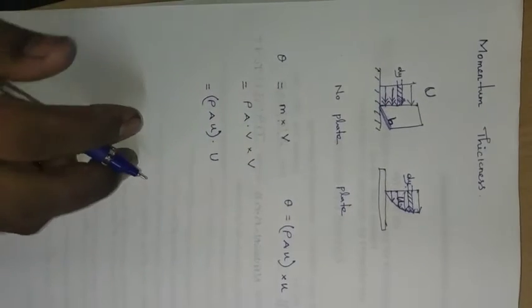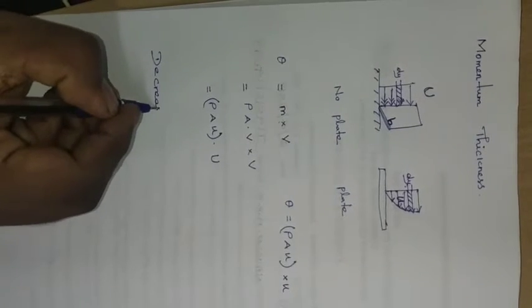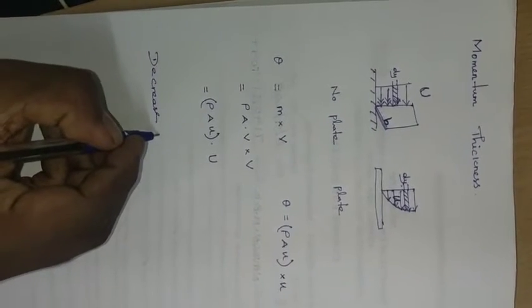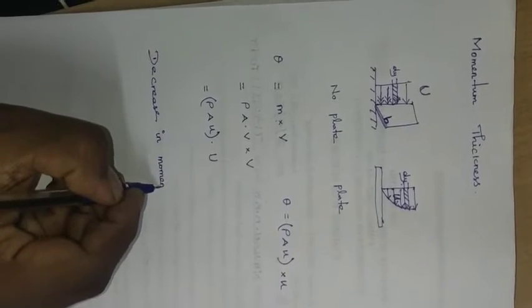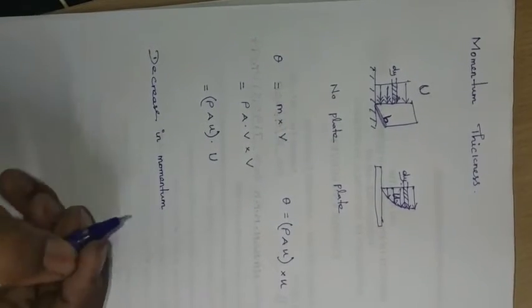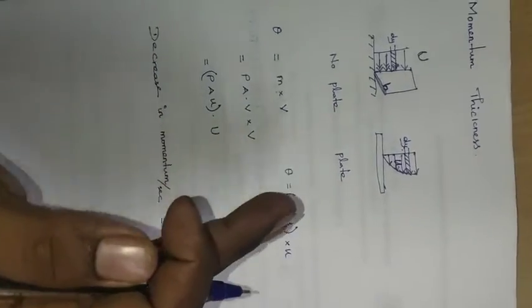So here also, like our previous thickness, displacement thickness, here also we are going to calculate what is the amount of momentum decrease per second, that we are going to calculate, right? So this is without disturbance momentum, this is with disturbance momentum, right?